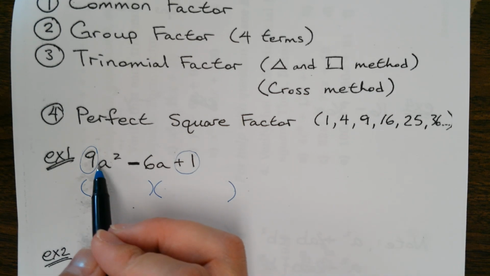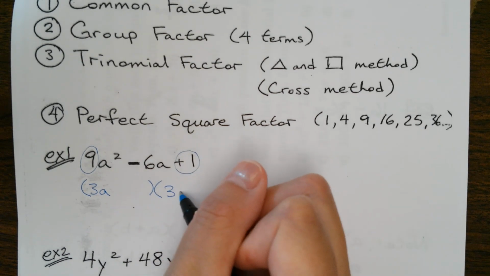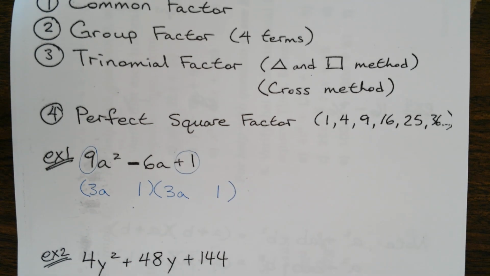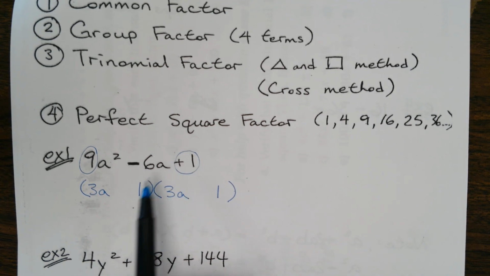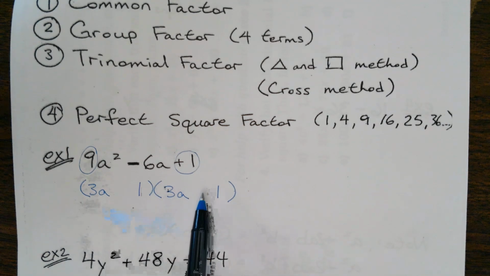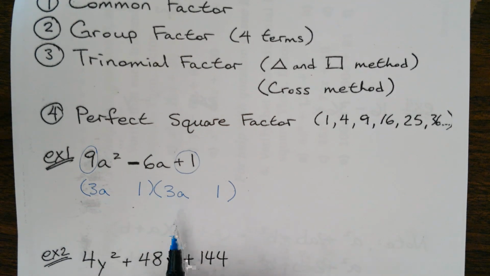When we do the cross method, you'll see that it's 3a and 3a, and this would be 1 and 1. My middle term is negative and this term is positive. So what do the 1s have to be? One negative, one positive.